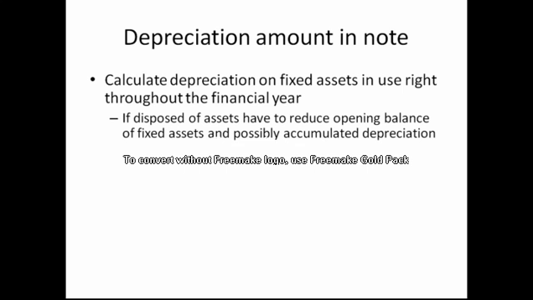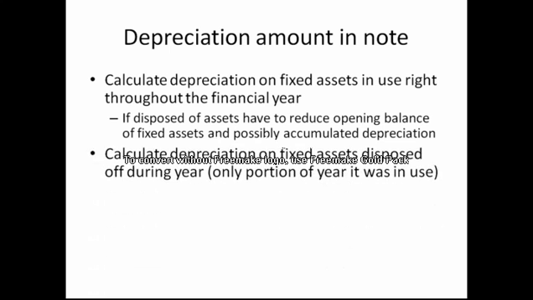It might also be that we have to reduce the accumulated depreciation if we are using the reducing balance or the diminishing balance method, as that method is using a rate on the carrying value, which is nothing other than cost minus accumulated depreciation. So if we got rid of an asset during the year on which we use the diminishing balance method, we will also obviously have to get rid of the accumulated depreciation of that particular asset.